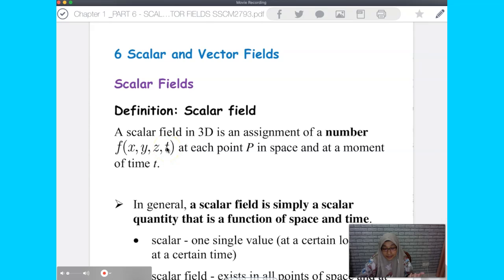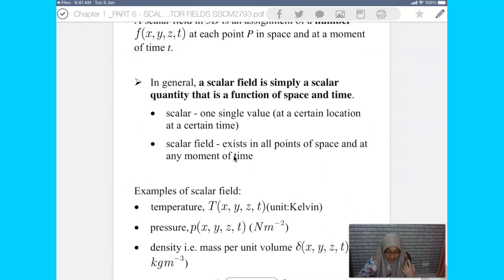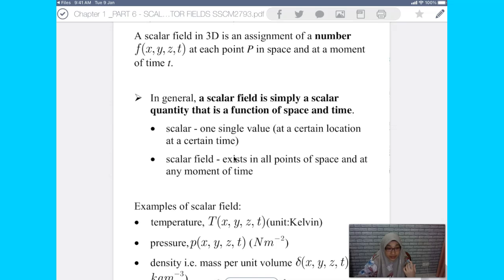For example, we have a temperature T, where the function depends on x, y, z, but x, y, and z depend on t.